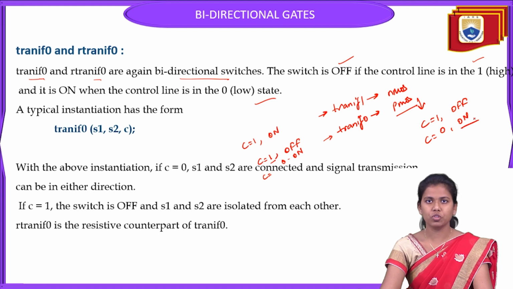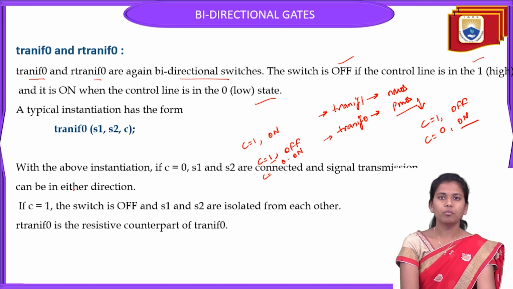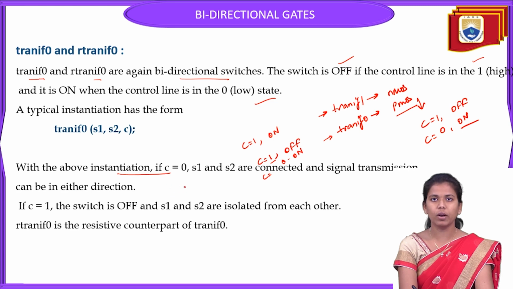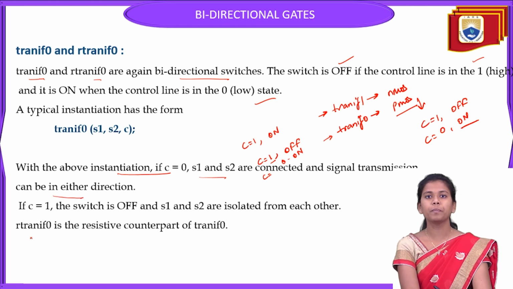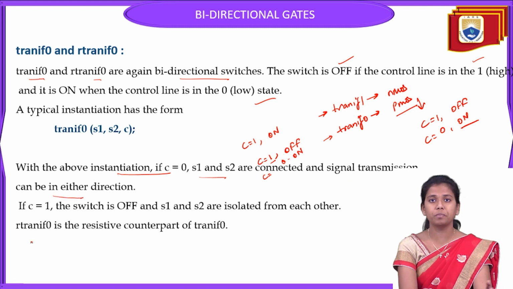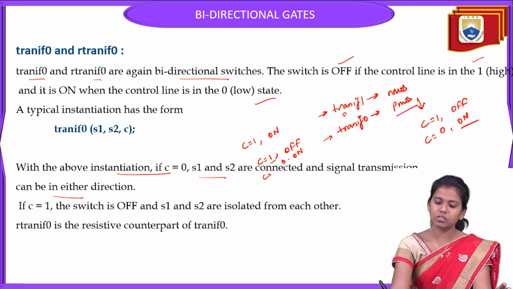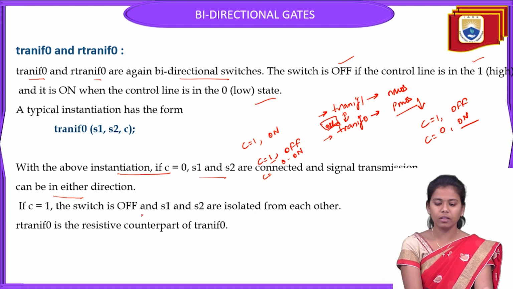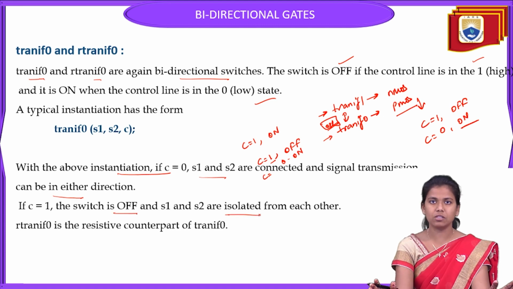Similar to PMOS transistors. So with the above instantiation, if C is equal to 0, what happens? S1 and S2 are connected and the signal's transition can be in either direction. This is quite opposite to tranif1. So tranif0 and tranif1 are quite opposite to each other. If C is equal to 1, the switch is off and S1 and S2 are isolated.